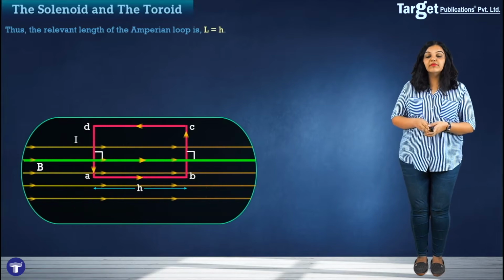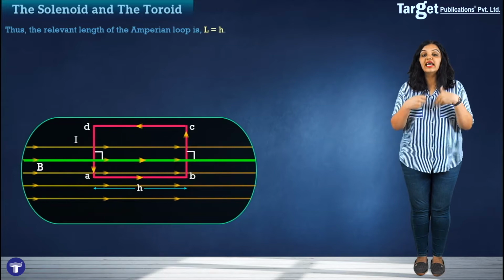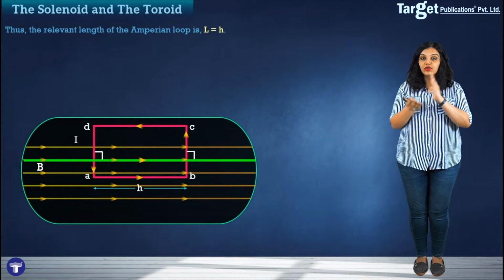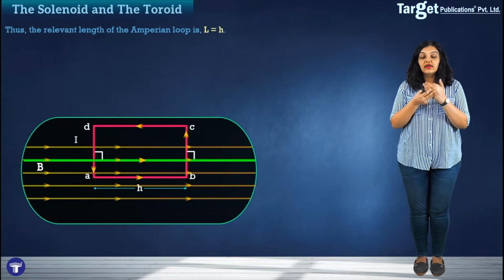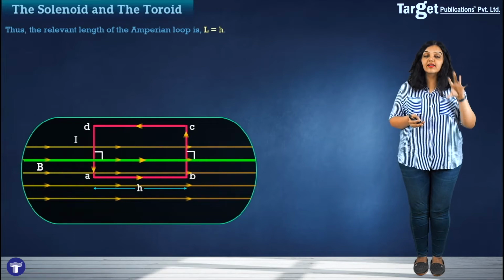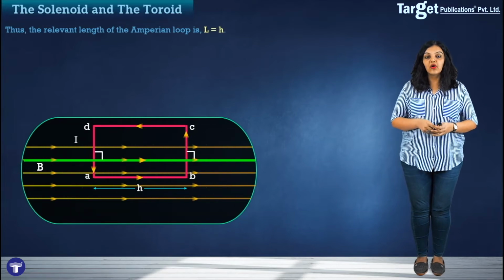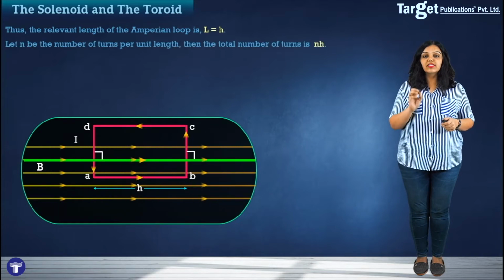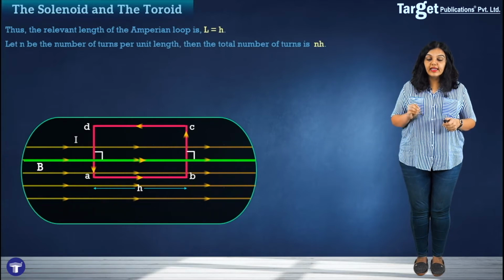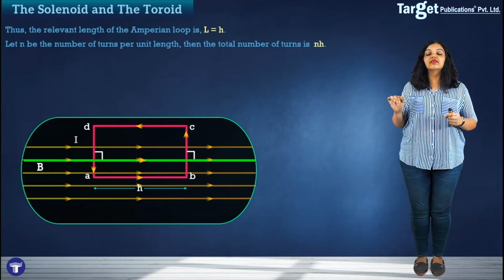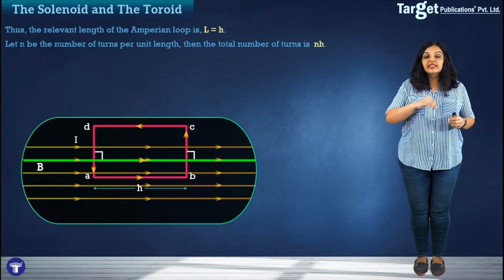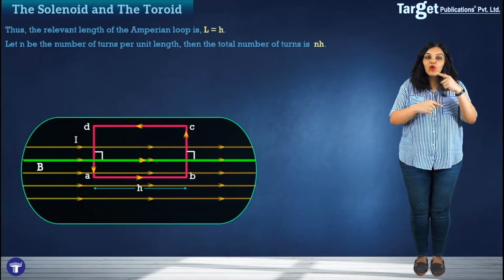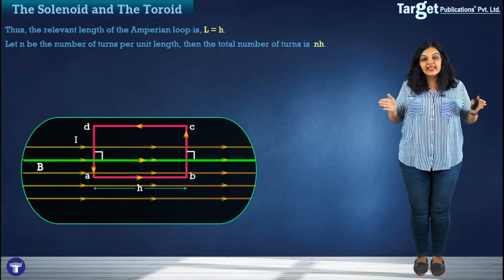One other thing to remember is that we need to know the enclosed current by this loop in order to find the magnetic field, because we need to apply the enclosed current inside Ampere's circuital law. So what is the enclosed current? Let's say that the number of turns per unit length is given by small n, and we are only considering the turns which fit inside this length h.